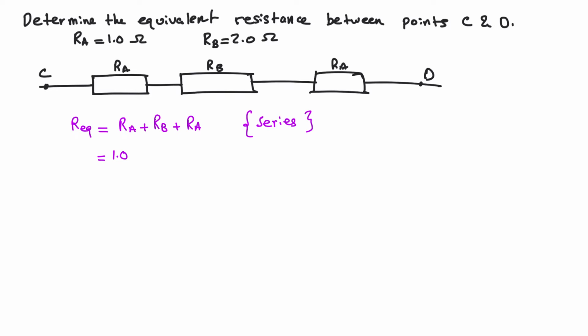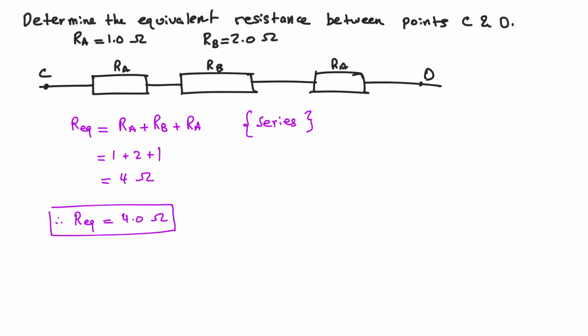You can just write the final unit at the end. 1 plus 2 plus 1 again, because RA is 1. And you can just write it as 1 plus 2 plus 1 for short. And that's going to be 4 ohms. So the final equivalent resistance here is going to be 4 ohms, and I'm going to just box my answer. That is my final result here.